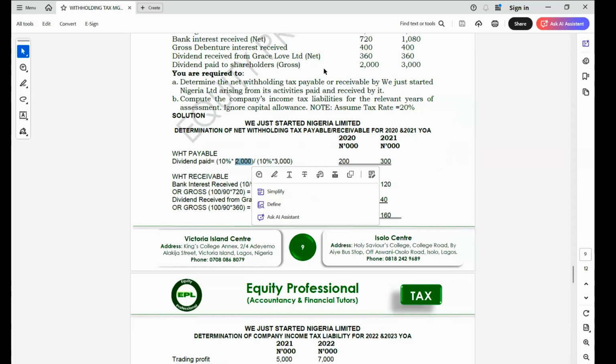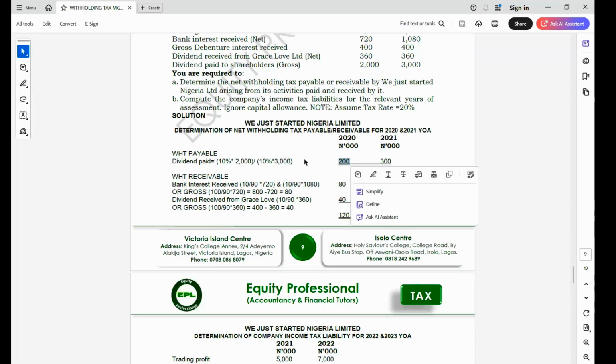So the company will give them 2 million minus 200,000, and 3 million minus 300,000, which is 2,700,000 for both years. So the company is going to deduct that amount before paying them.